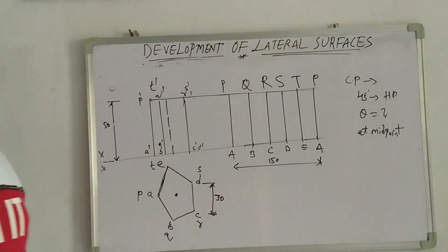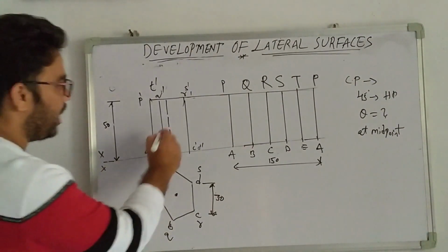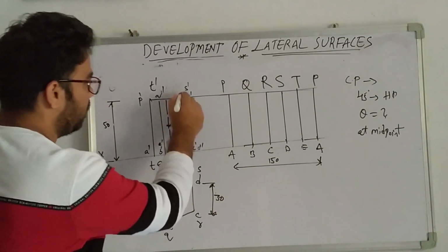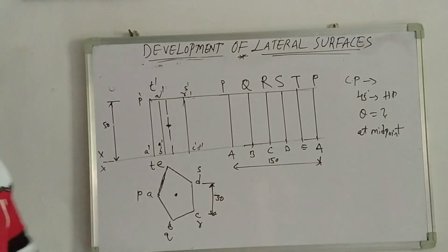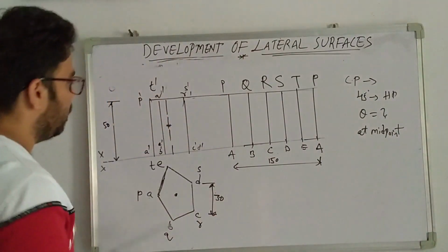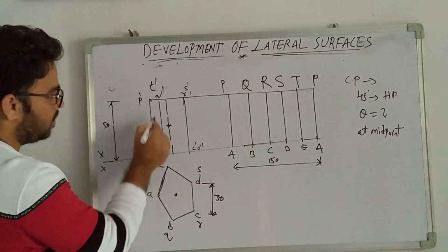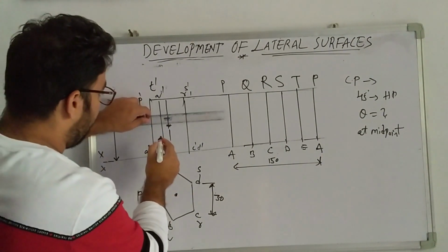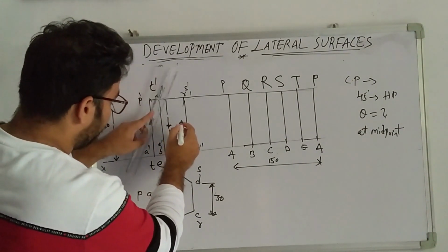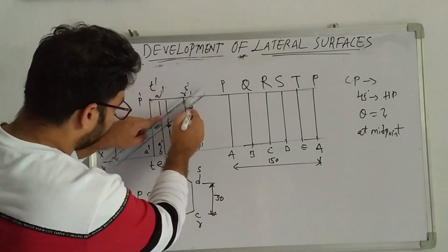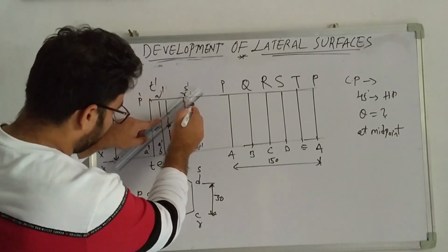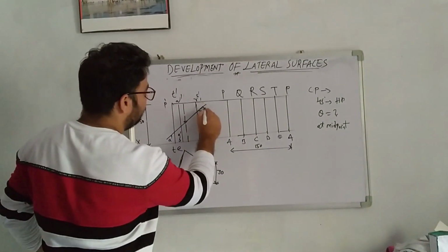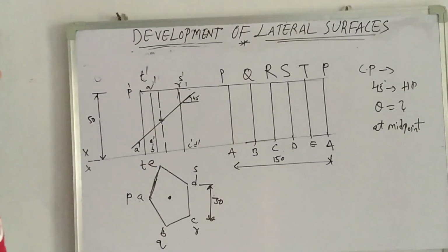So from this axis, at exactly the midpoint at a distance of 25, draw a cutting plane like this. So what is this angle? That is 45 degrees.